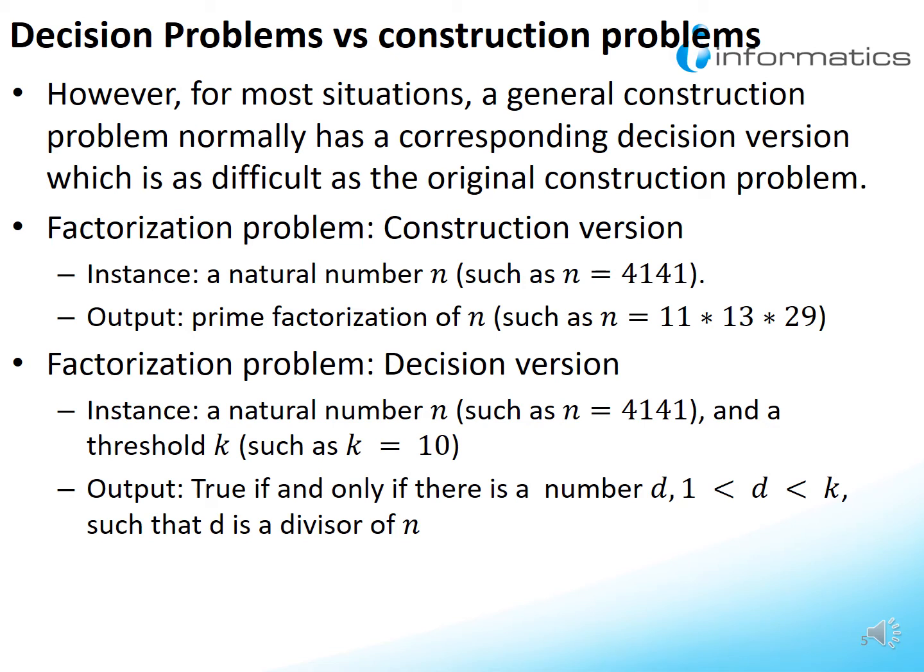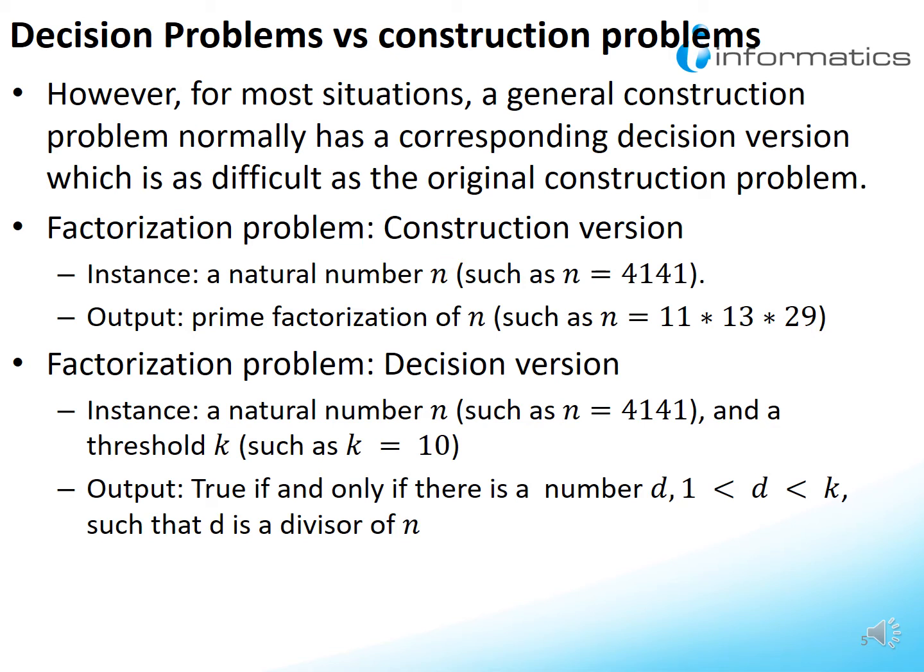For example, n can be factorized to 11 times 13 times 29. So this is not a decision problem because this asks for the prime factorization, which is not yes or no, but all the factors of the input n.